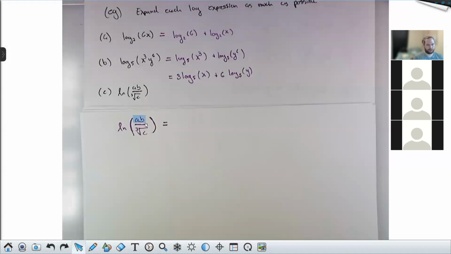So I've got some multiplication up here, right? A times b. I've got a power down here. That cube root, remember, is the 1/3 power. And I'm dividing those things. AB is being divided by cube root of c, or c to the 1/3.